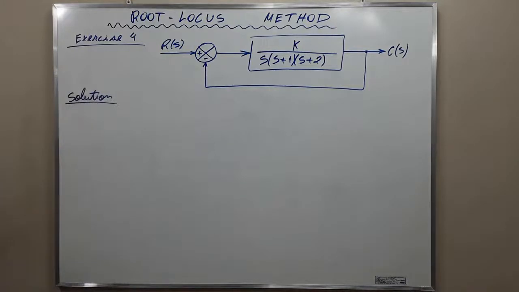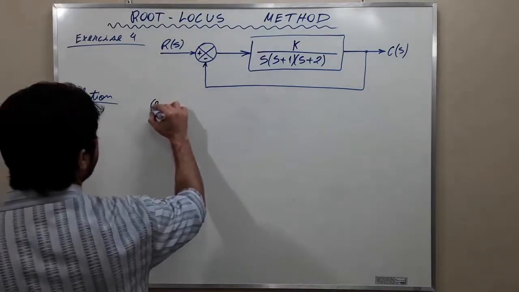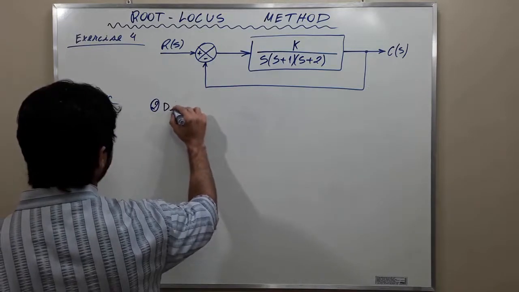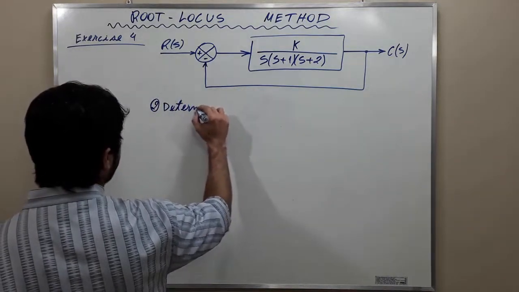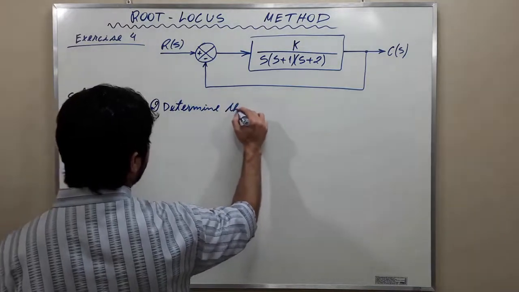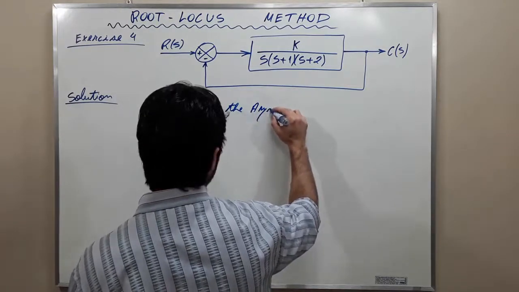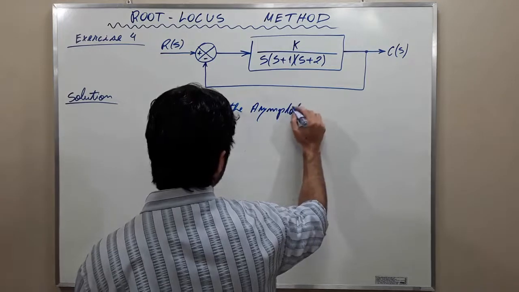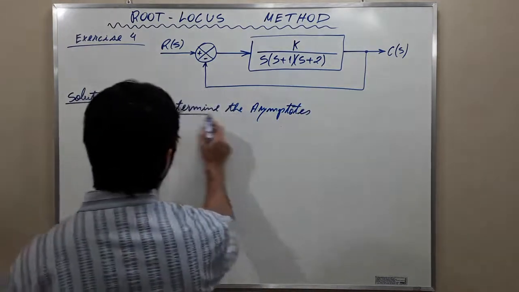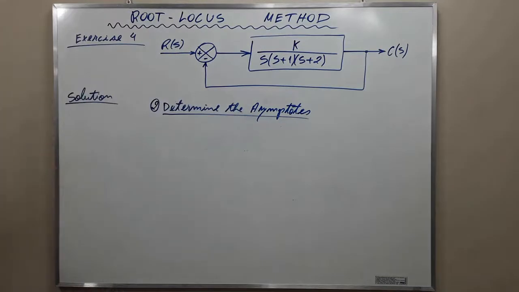The second procedure will be to determine the asymptotes of the root loci. If a test point is selected very far from the origin, the approximation is possible.